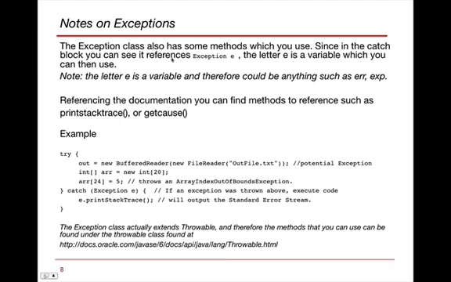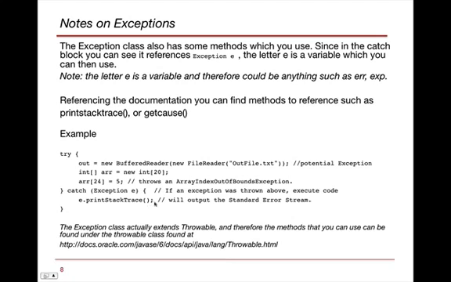Finally, the exception class has methods that we can use. Again, the letter e is a variable, and we could basically use anything like err or exp. But within the exception class, which again comes from the Throwable class, and you'll see the code down here if you like what functions you can use, we could reference a couple of methods like printStackTrace or getCause. So we might inside of the exception block say e.printStackTrace to say, tell me what is actually going on so that I can see on the console what error you actually have.